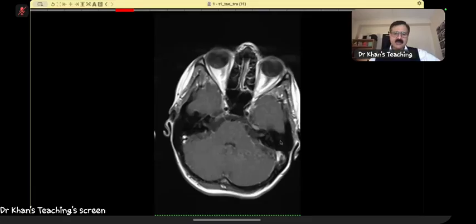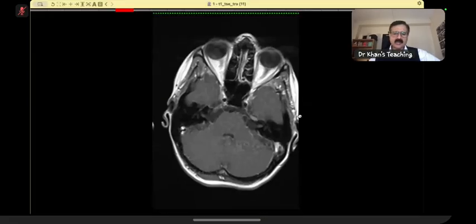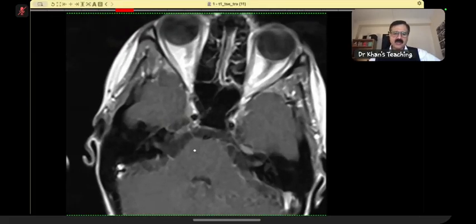This is a type of exam case in which they have not done a classical IAM study, but your eyes were looking for it. And you see, look here, look here. This is enhancement, and this is enhancement. This is the cochlea, the flower I was talking about.